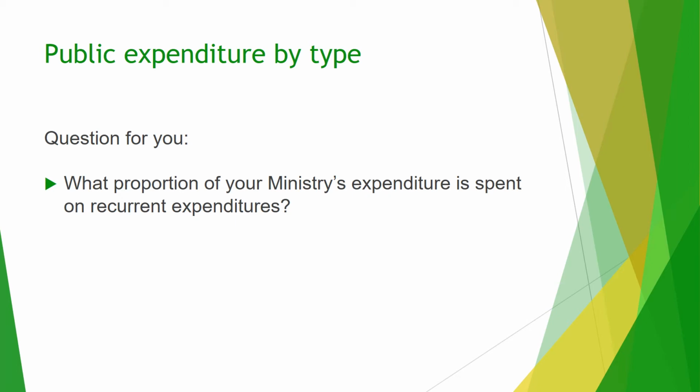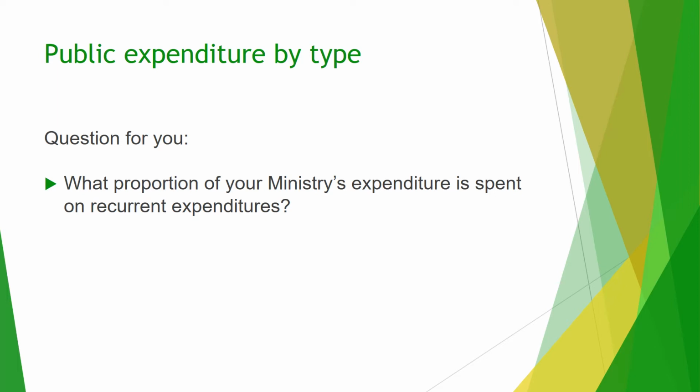So a small question for you. What proportion of your ministry's expenditure do you think is spent on recurrent expenditures? The answer from some data from the UIS database indicates that approximately 90% of the education expenditure in some OECS countries is spent on recurrent expenditure.